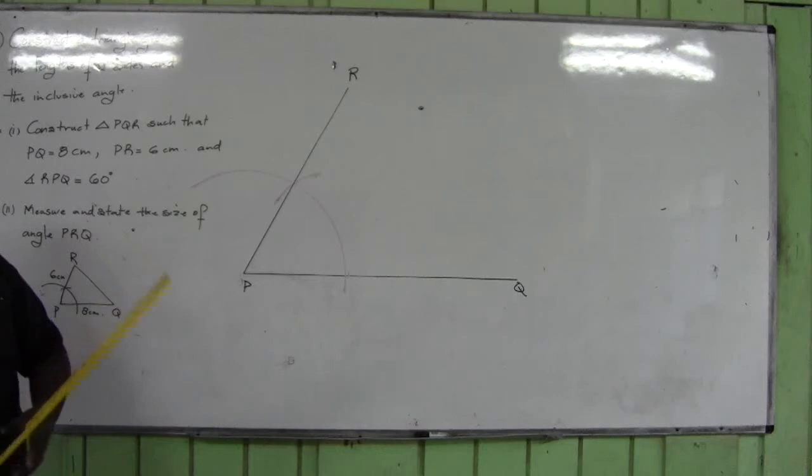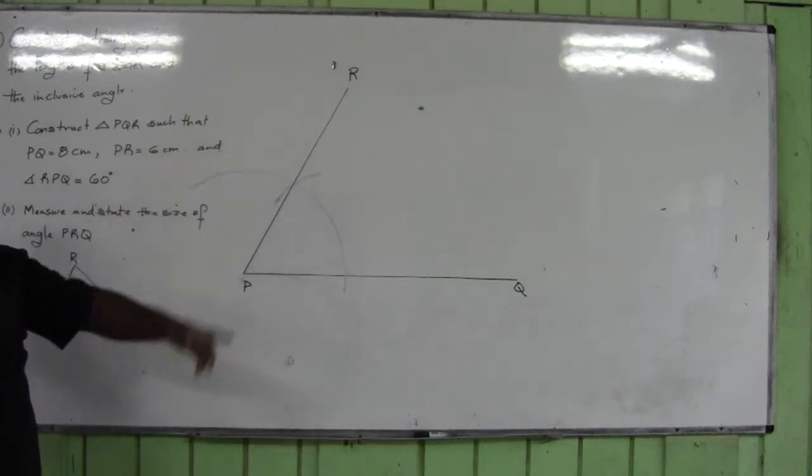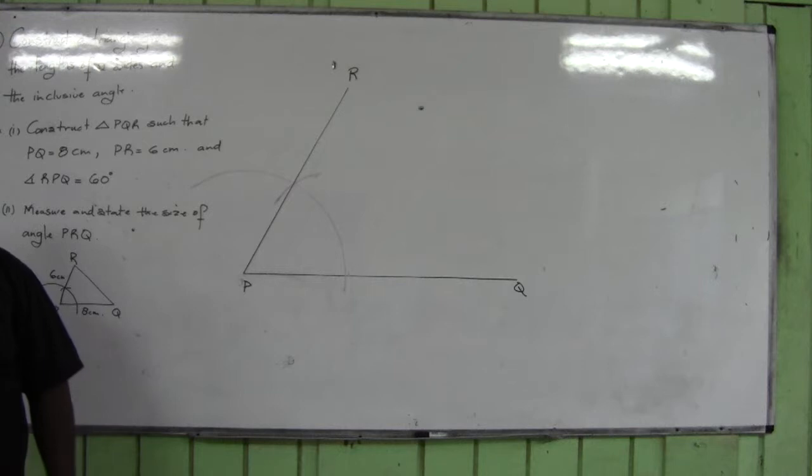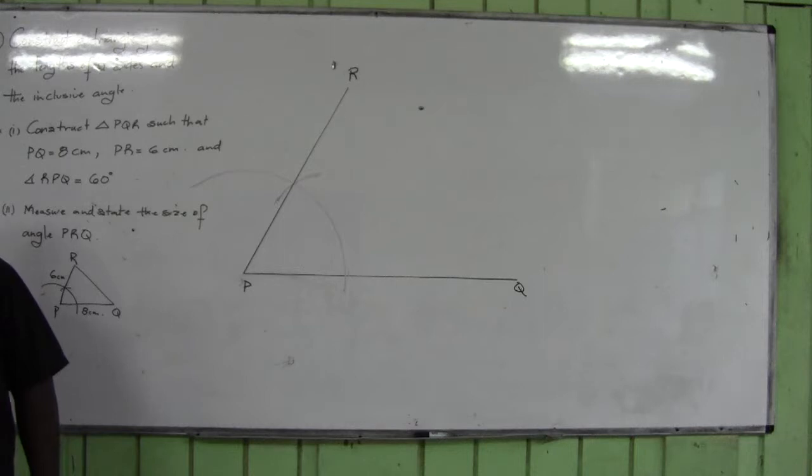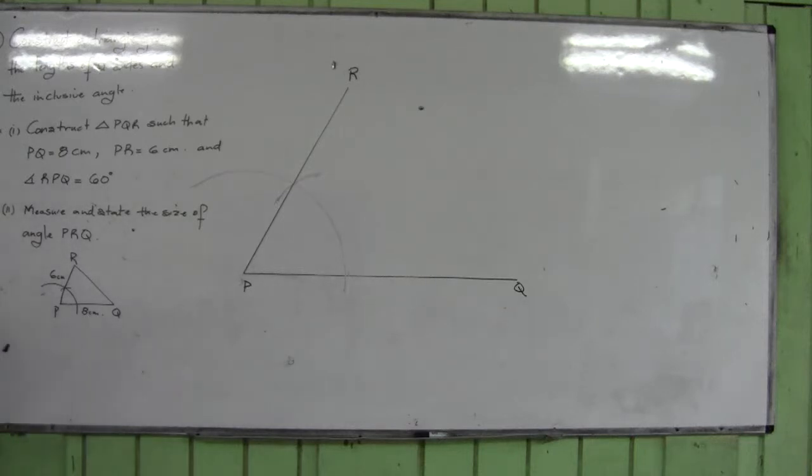The last step is to draw a line connecting what? R and Q. Everybody do the same. If it's not 60, it means that maybe your compass was shifted.